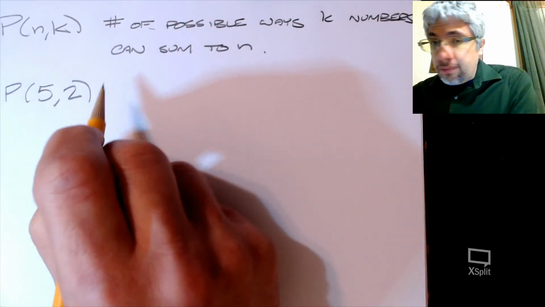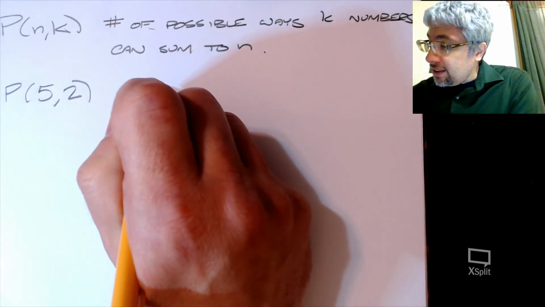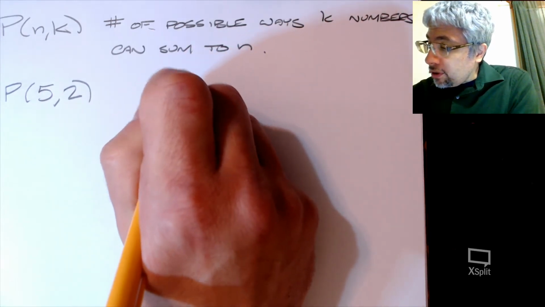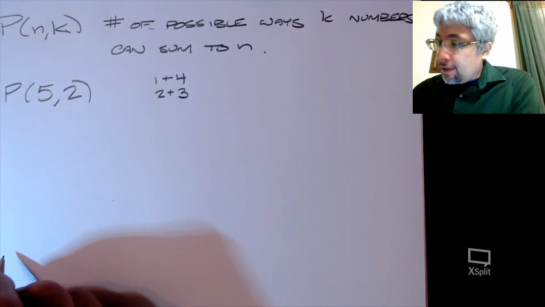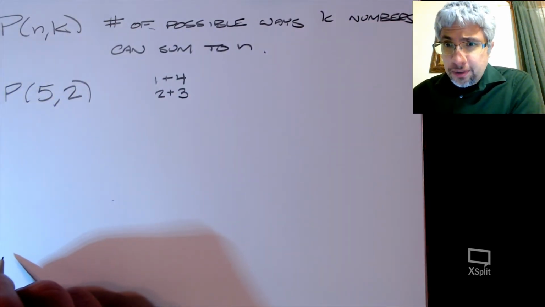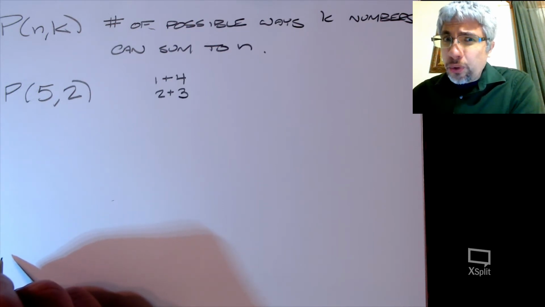So this is the number of ways we can find two numbers that sum to 5. So let's see. Well, I could do 1 plus 4, or I could do 2 plus 3. And that's it, because 3 plus 2 is the same as 2 plus 3, and 1 plus 4 is the same as 4 plus 1. We're not taking any order into account in the numbers. It's just the number of ways we can find numbers that sum to n.